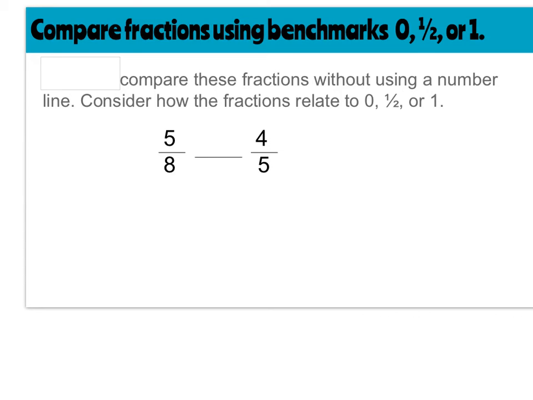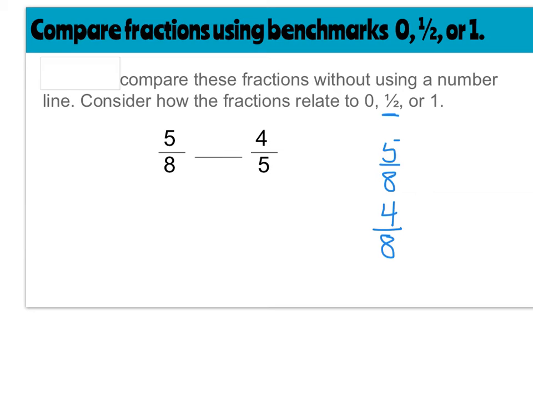So let me start with 5/8. When I'm thinking of the benchmark 1/2 and dealing with 5/8, I might want to think of 1/2 instead as 4/8. When something has the same units, it's really easy to compare.